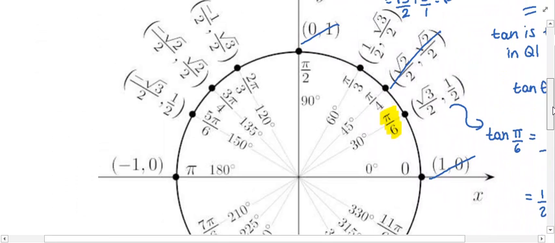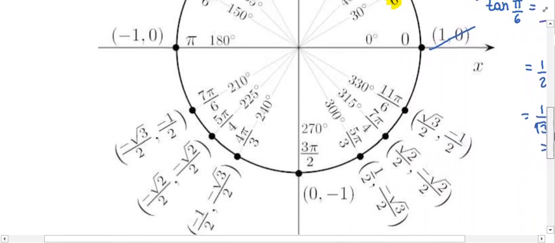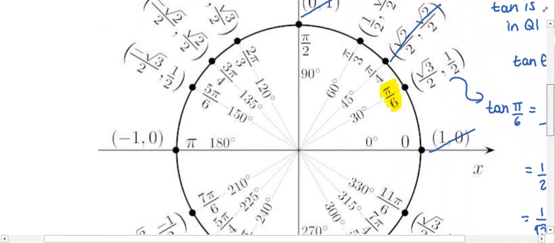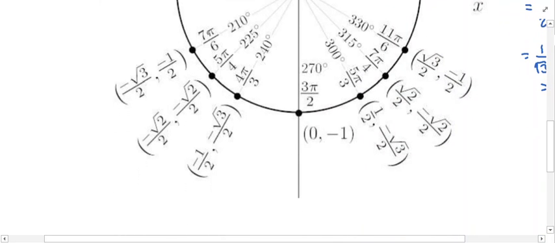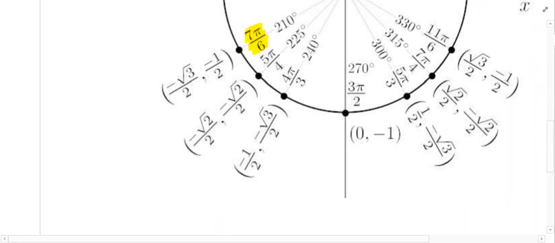Since pi over 6 worked in quadrant 1, you're probably looking for the same kind of ordered pair here. So we need to look at negative square root of 3 over 2, negative 1/2. It's probably going to be this guy. So let's make sure: tangent of 7 pi over 6.